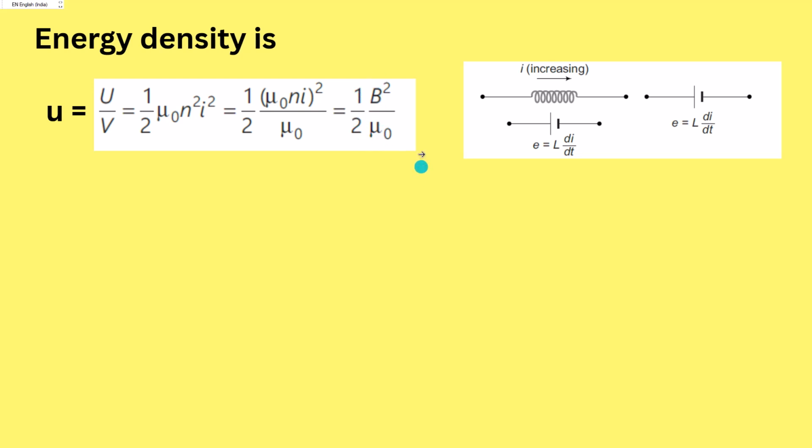So when there is an increase in the current in the circuit, the energy is stored, and when the current flows steadily, the stored energy does not increase. When the current stops, this stored energy is returned to the circuit.